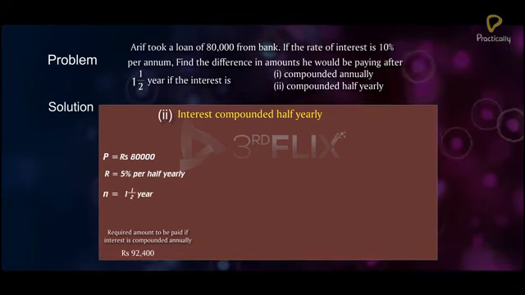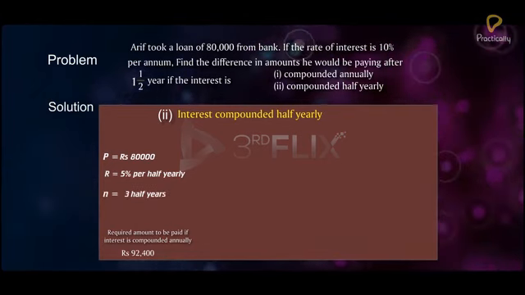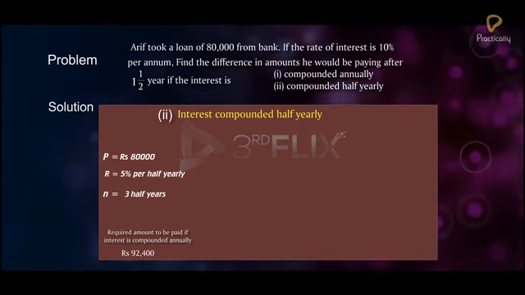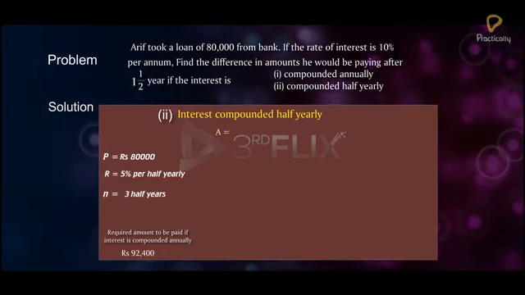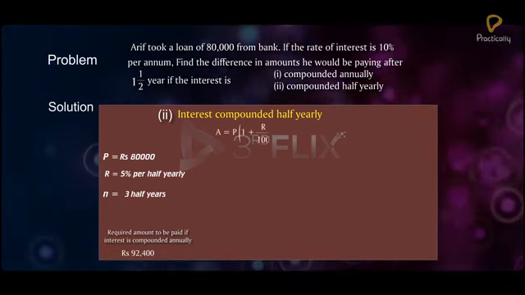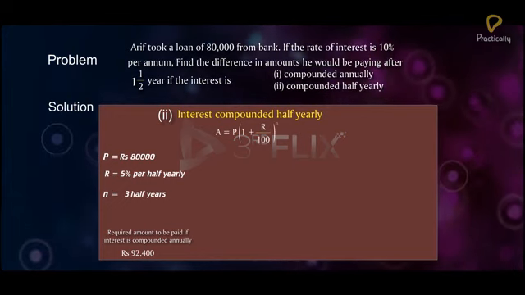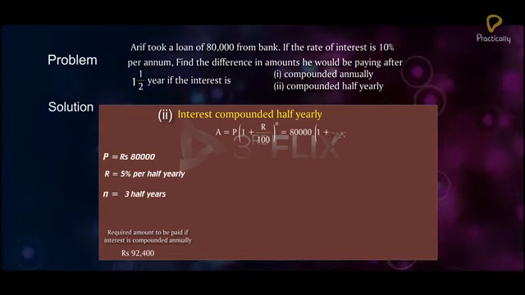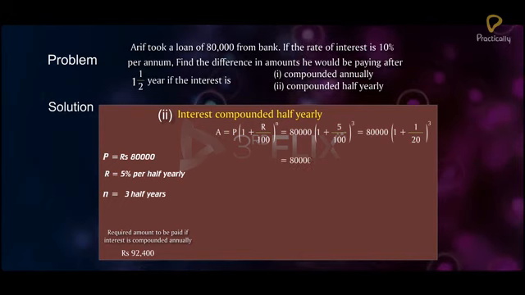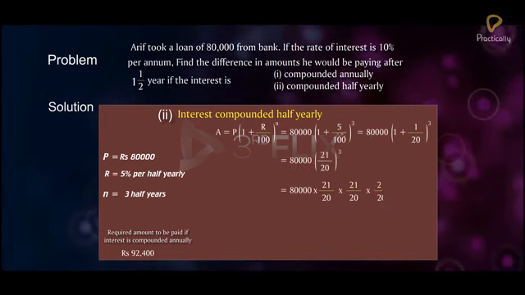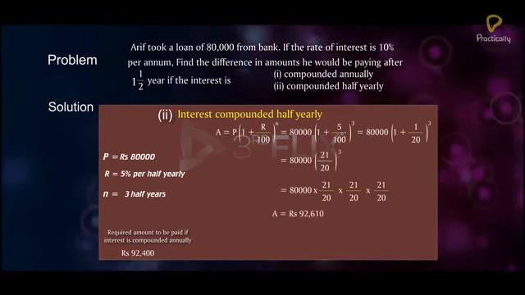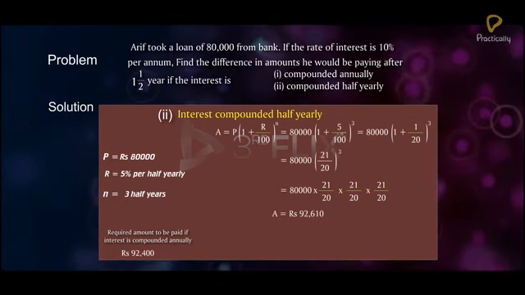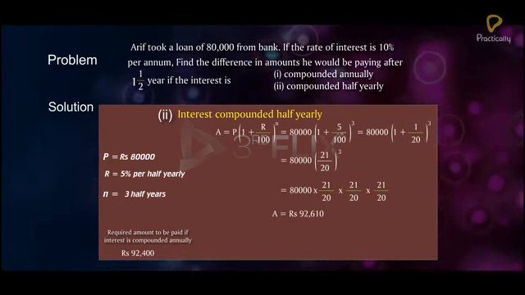N is equal to 3 half years. A is equal to P into (1 plus R by 100) whole to the power N. It can be calculated as rupees 92,610. This is the required amount to be paid if the interest is compounded half yearly.